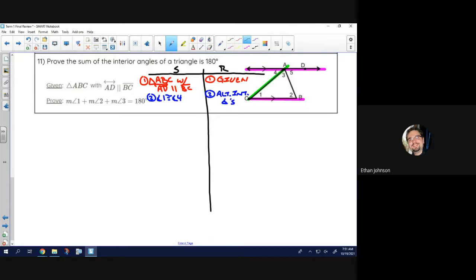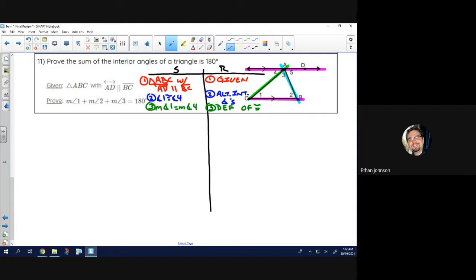Now, looking slightly ahead, I know in my proof statement we have to have equals. So I'm going to change this to be an equals then. So the measure of angle 1 equals the measure of angle 4. Definition of congruent. Now we do have another transversal, that blue one. So we can do the same thing.